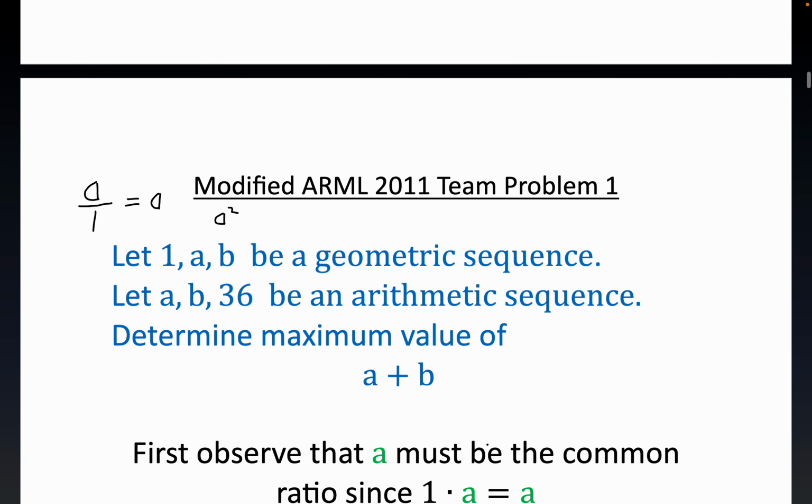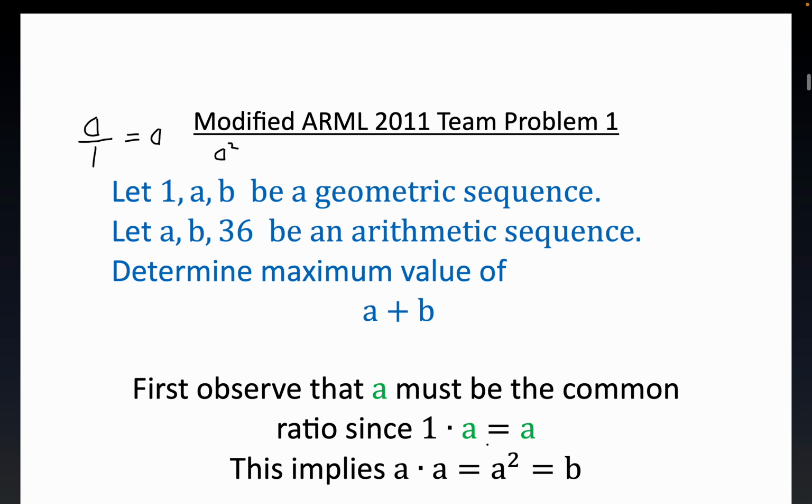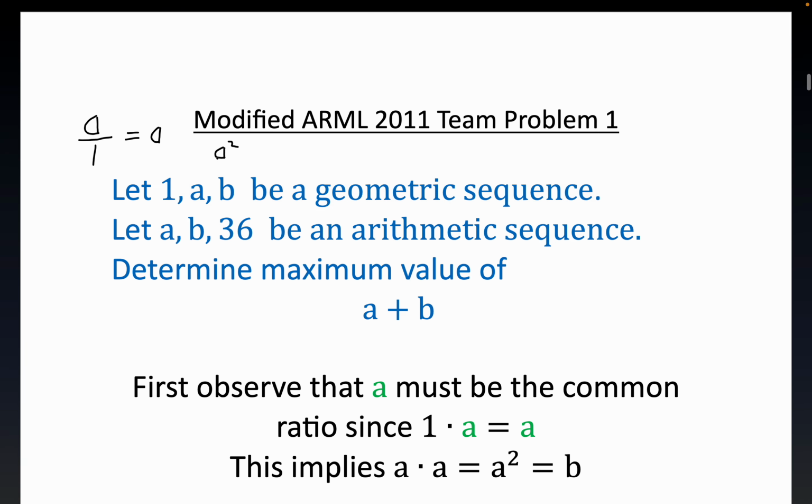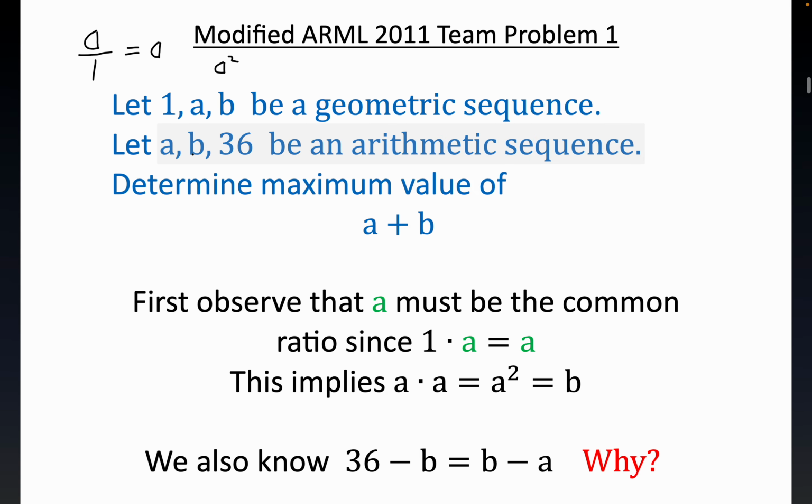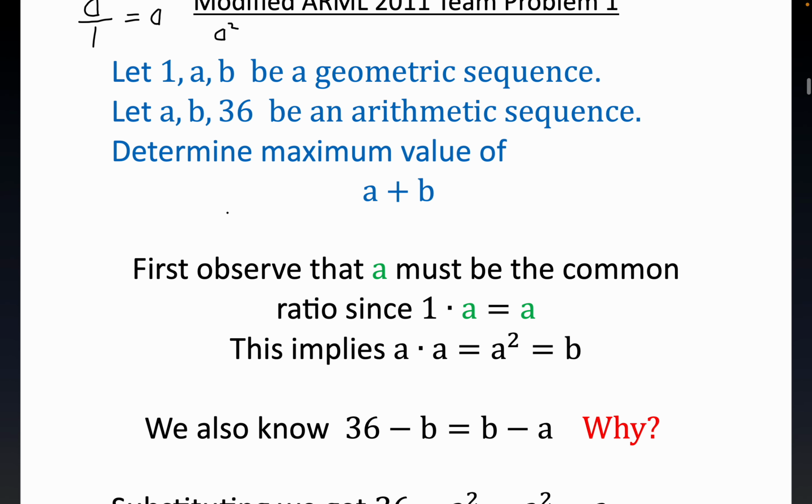Now this is just what I told you basically. This is exactly how we got the a squared right here. Now let's take a look at the common difference. Any pair of consecutive terms, when subtracted, give the same value, and that's what this says right here. The common difference is usually called D, but we don't have to explicitly say D here.